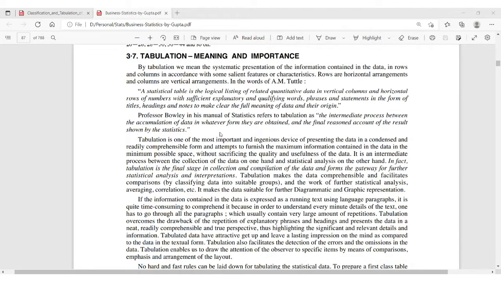We make some table in this. A statistical table is a logical listing of related quantitative data in vertical columns and horizontal rows of numbers, with sufficient explanatory and qualifying words, in the form of titles, headings, and notes, to make clear the full meaning of the data and their origin.